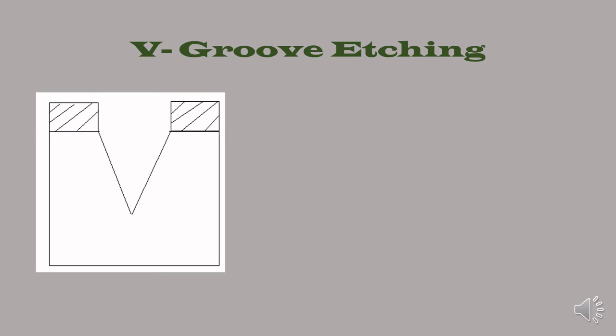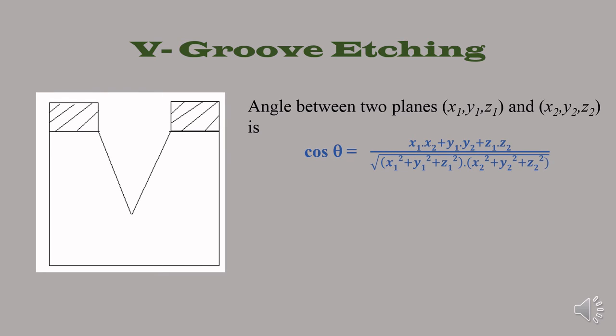We already know this relation: when we calculate the angle between two planes x1 y1 z1 and x2 y2 z2, the equation is cos theta equal to x1·x2 plus y1·y2 plus z1·z2 divided by the square root of x1 square plus y1 square plus z1 square, times x2 square plus y2 square plus z2 square.